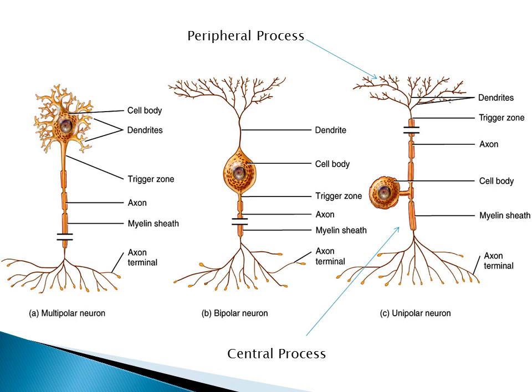It's the peripheral process that projects from the nerve cell body out to the receptive endings. So with these afferent unipolar neurons, the nerve cell bodies are located in the dorsal root ganglion.